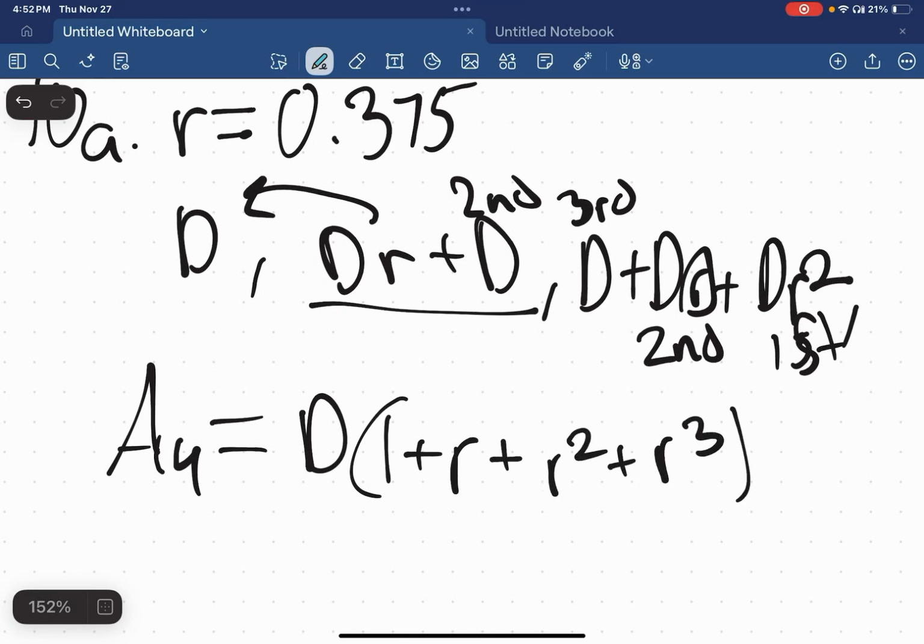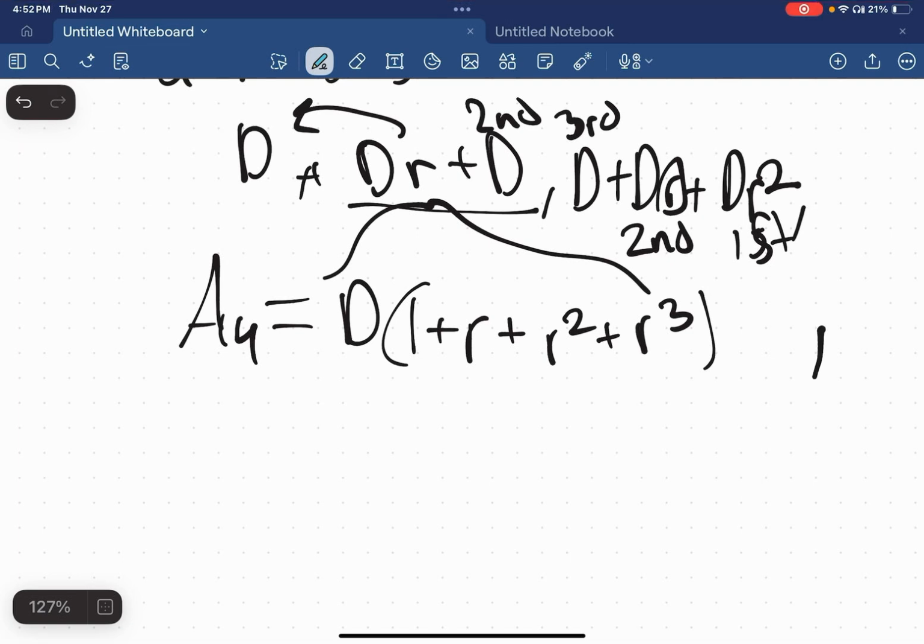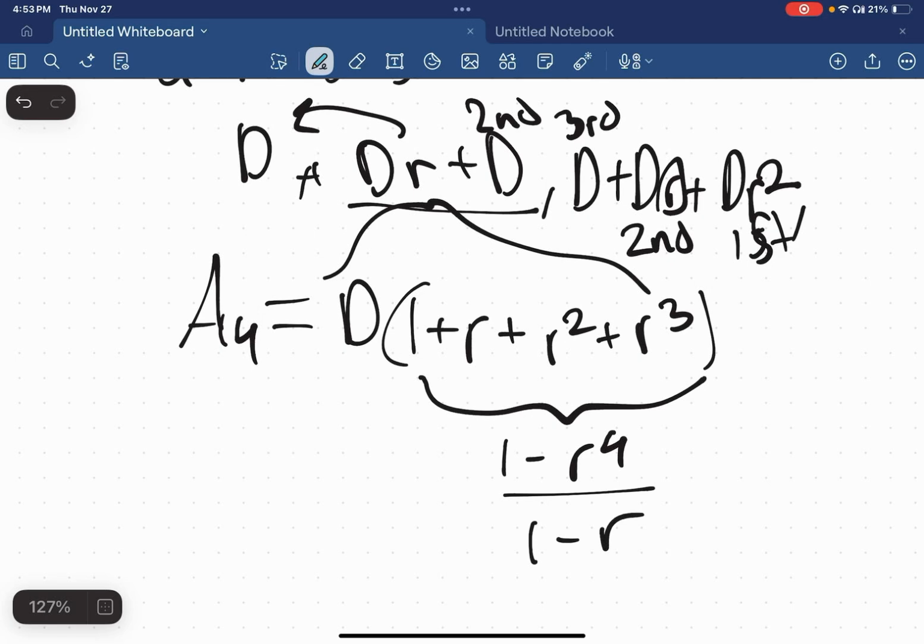And remember, this is literally just equal to this. I just took out the D from the summation over here. And we know that this is going to be equal to 1 minus R to the fourth over 1 minus R. And so our 4 terms, that's all getting multiplied by D.